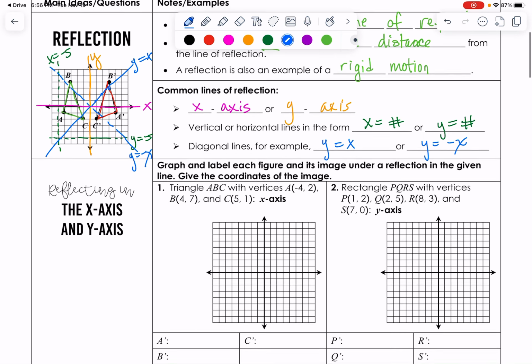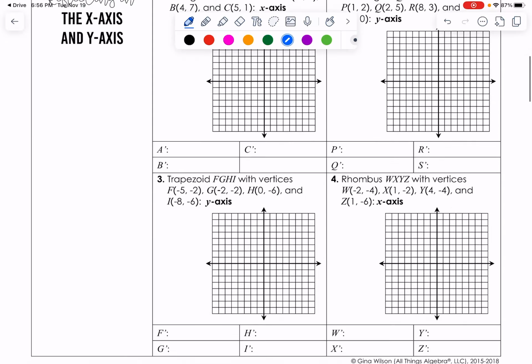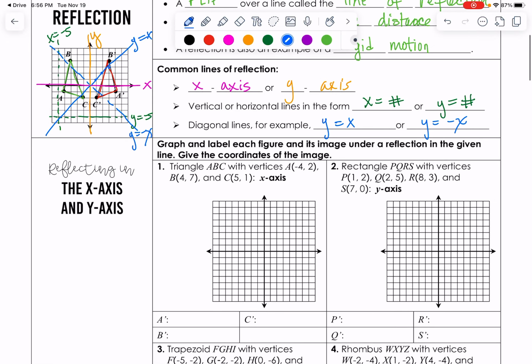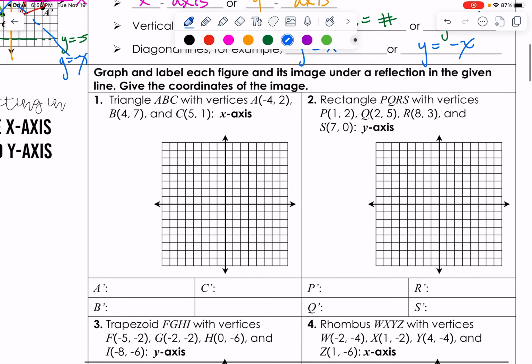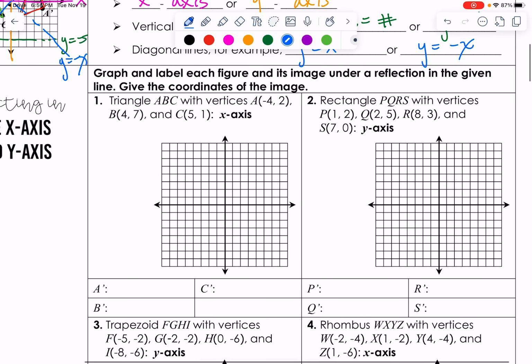When we reflect across the x and y axis, we're going to graph and label each figure and its image. Remember that the first figure is the pre-image, and the image is where we end. First we start by plotting our triangle.